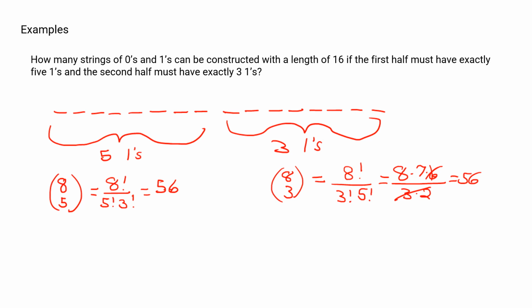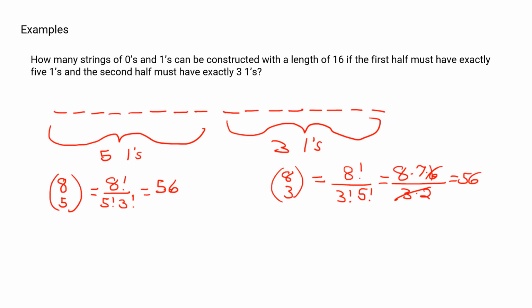Now, that doesn't give us the answer to our question, but it does tell us how many ways we could fill up the first half and how many ways we can fill up the second half. But let's think about it this way, thinking back to the product rule. We could say, how many ways can the first half be done, and then how many choices do we have for the second half.